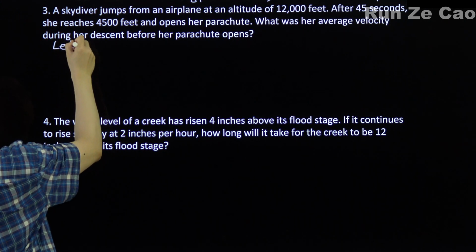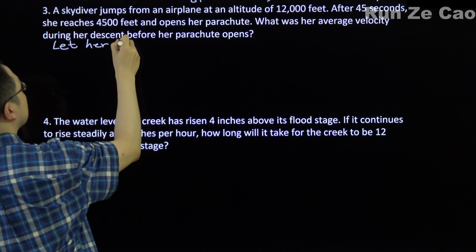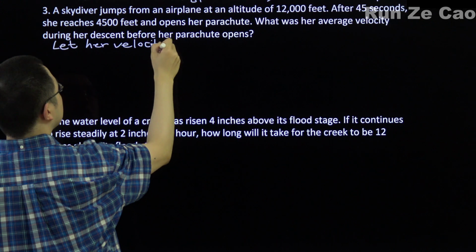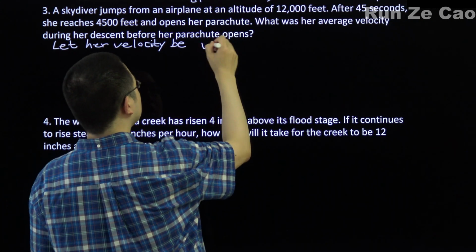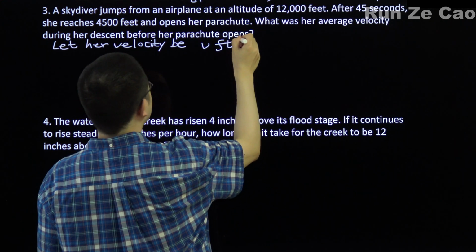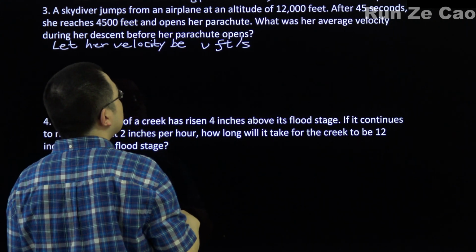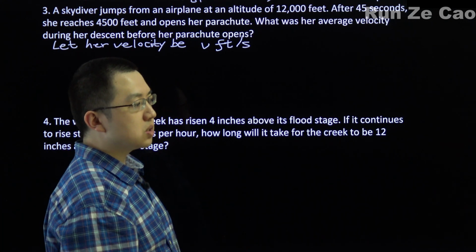So, let her velocity be v feet per second, and it would be in which direction?